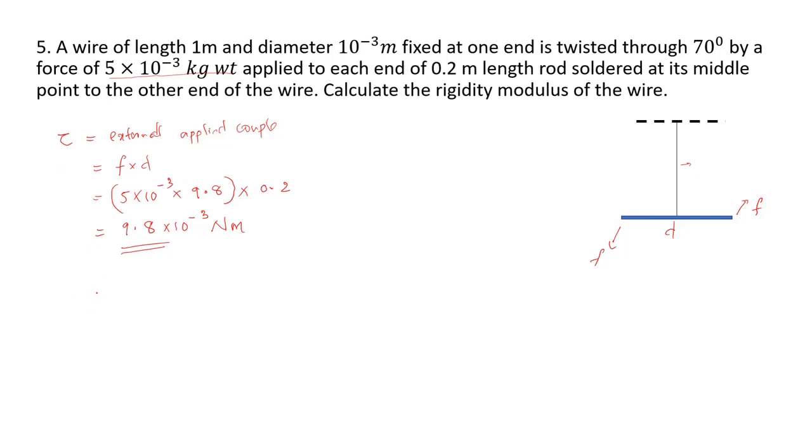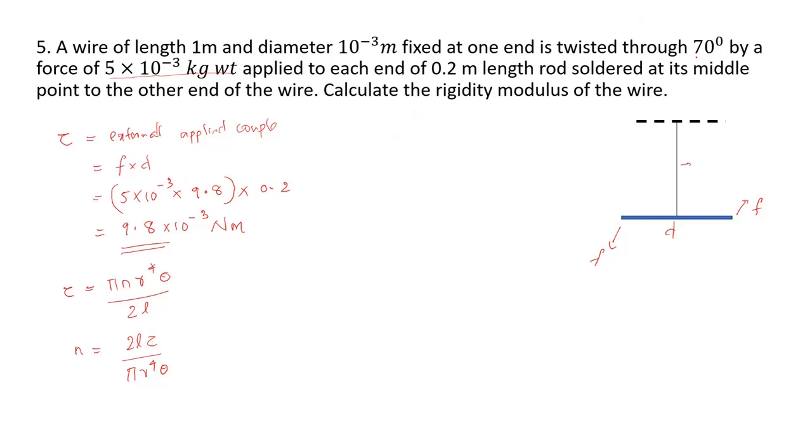We have the equation for torsional couple tau, which is given by pi eta r to the power 4 theta by 2L. From this equation, we can write an equation for rigidity modulus eta, that is 2L tau divided by pi r to the power 4 into theta.